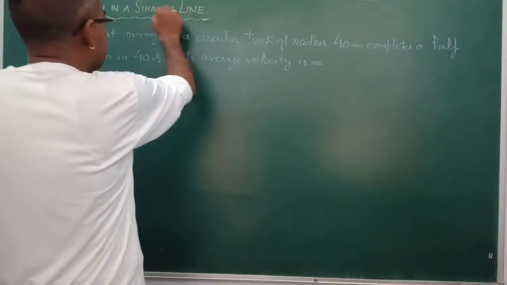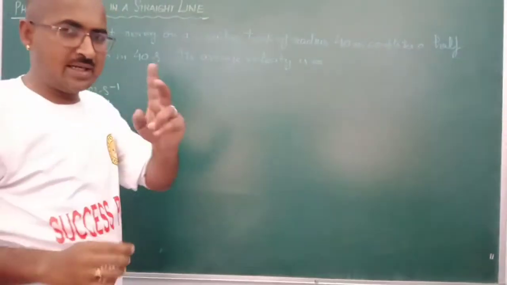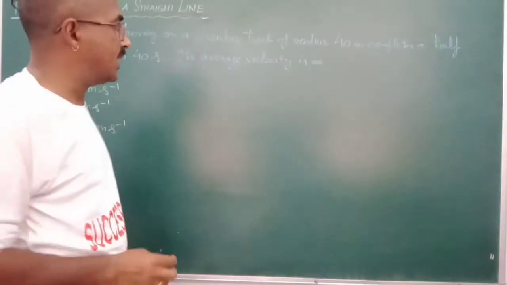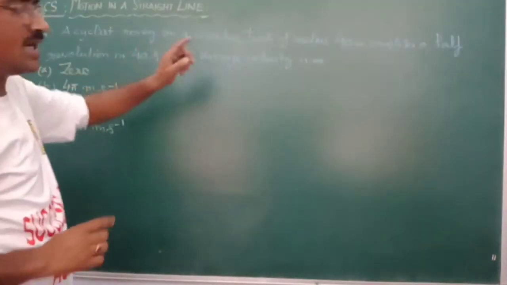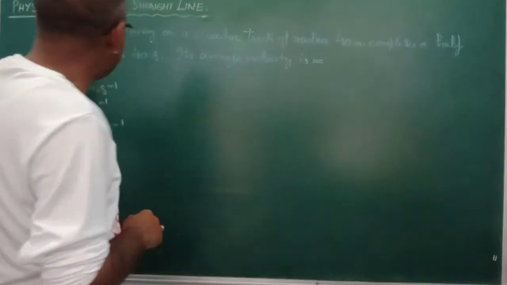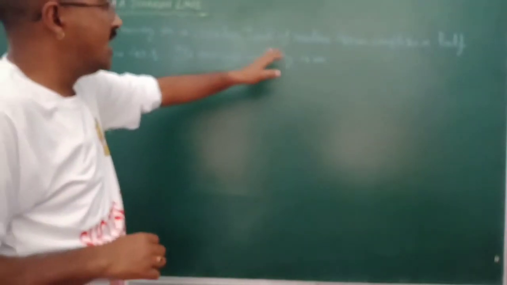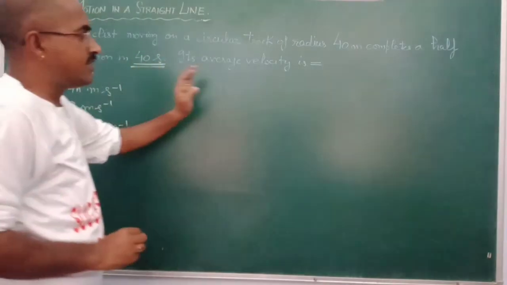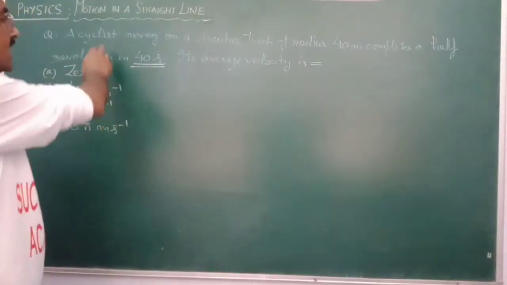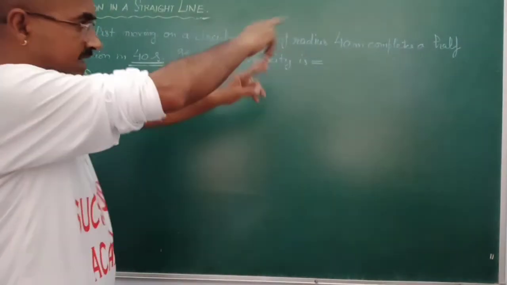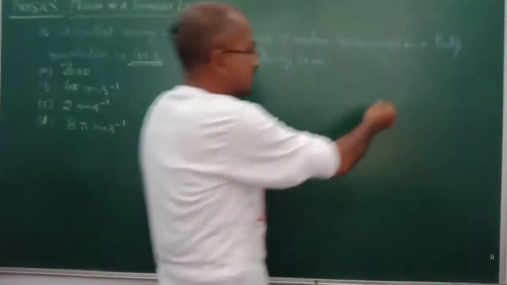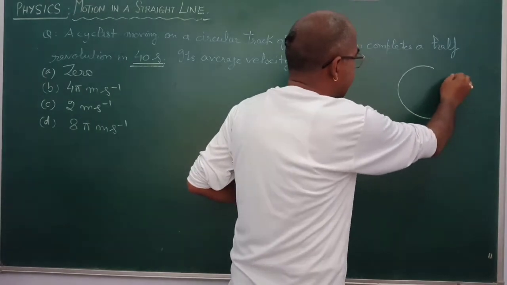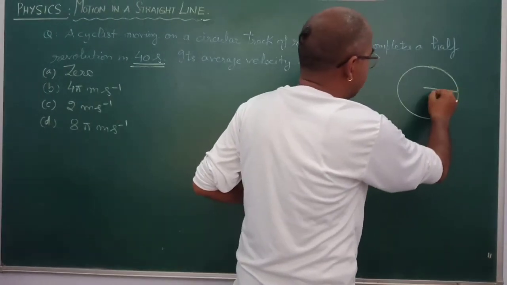Our topic is motion in a straight line, and here we have one MCQ that is also from a competitive examination. A cyclist moving on a circular track of radius 40 meter completes a half revolution in 40 seconds. Its average velocity is, listen again: a cyclist moving on a circular track of radius 40 meter. So there is a circular track and its radius is 40 meter.